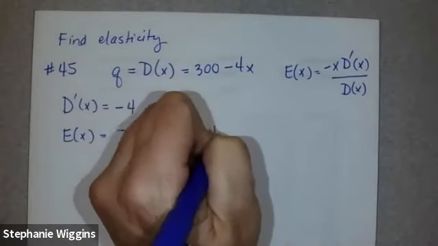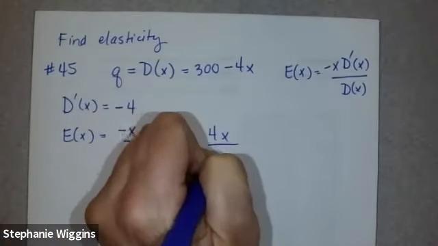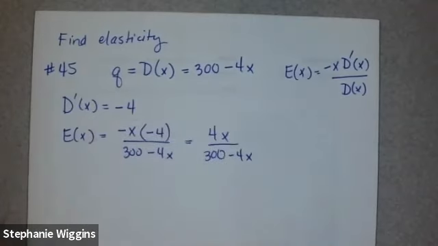And so that's going to be 4x over 300 minus 4x. That's your elasticity. Okay. So know how to find elasticity.